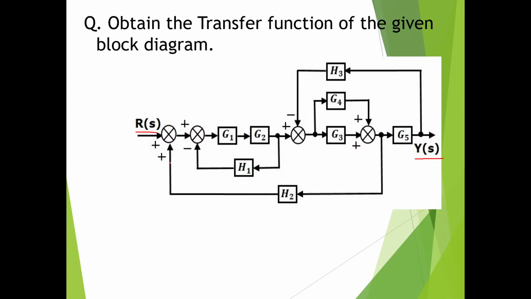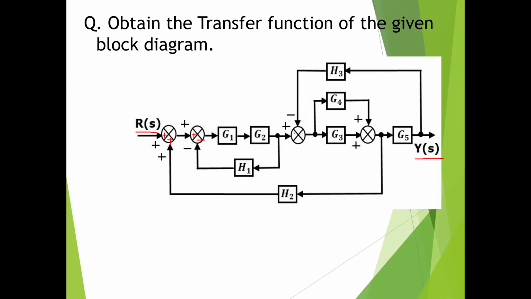So if you see here carefully, there is a summing point. Inside the summing point, they didn't draw the plus and minus signs. If you want, you can write them if you have sufficient space. Here outside I have drawn them. If you want, you can draw them in the summing point. This is plus, this is minus.